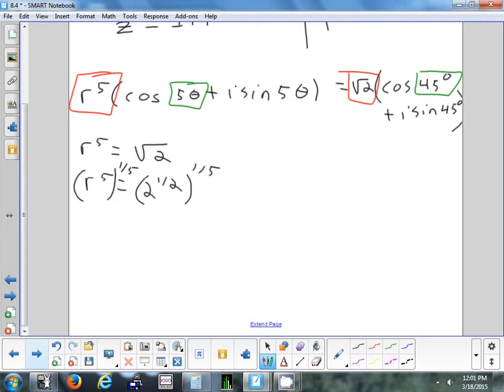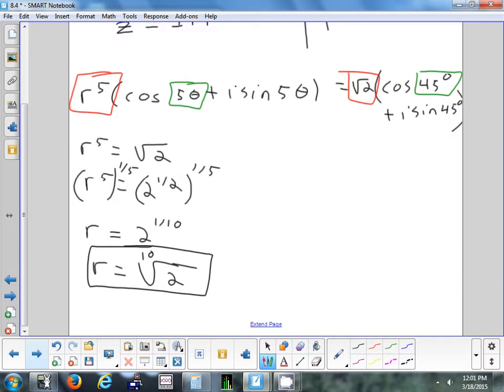The reason I'm going to do that is because look what happens if you multiply 5 and 1/5. You get 1. So now I just have r to the 1st. And on this side I get 2 to the 1/10, which is the same as the 10th root of 2. In algebra 2 you talk about fractional exponents and how to rewrite them as roots. Okay, so can't go through that right now, but that's how I'm going to leave it. The 10th root of 2.